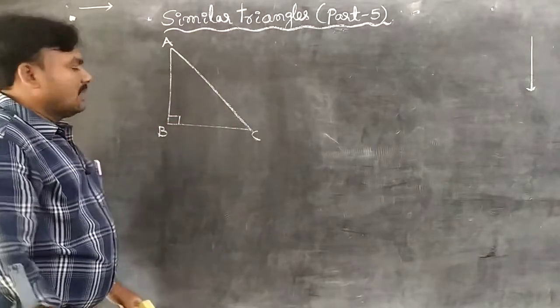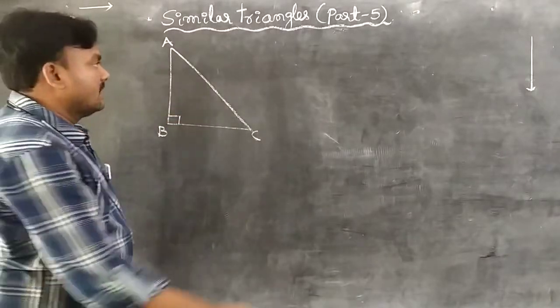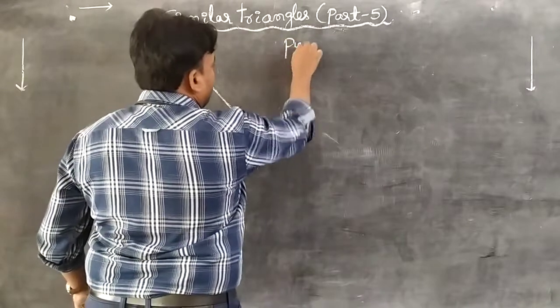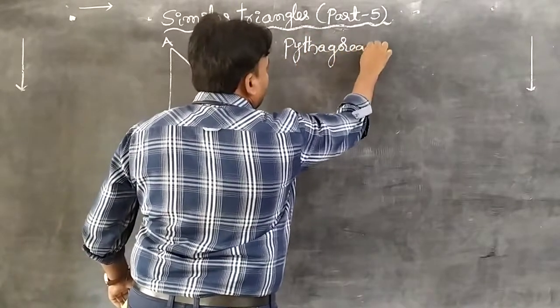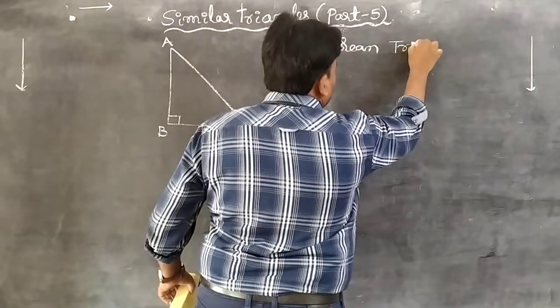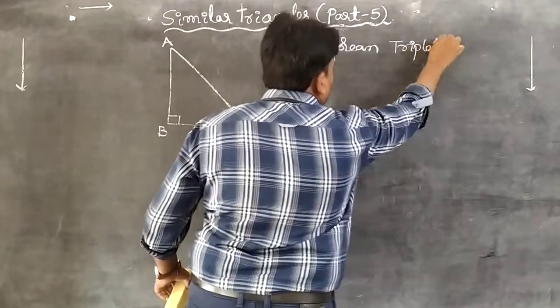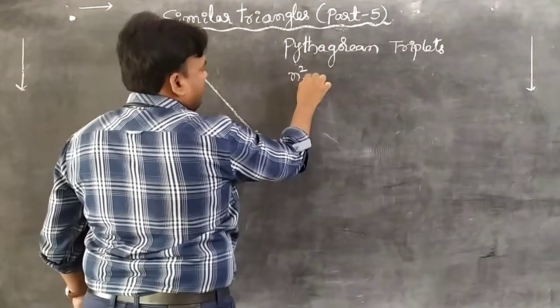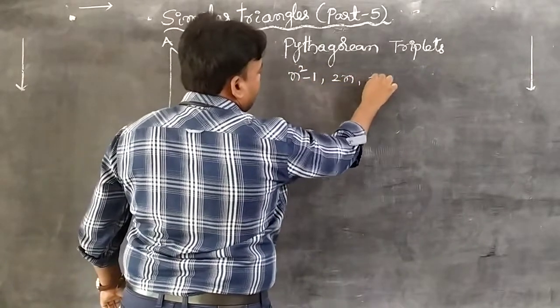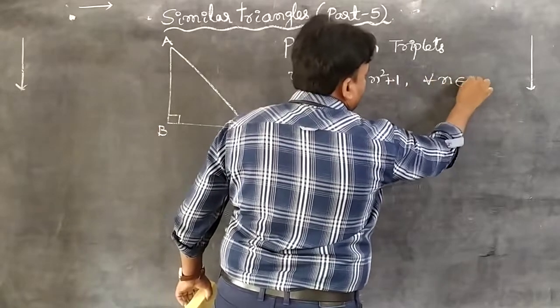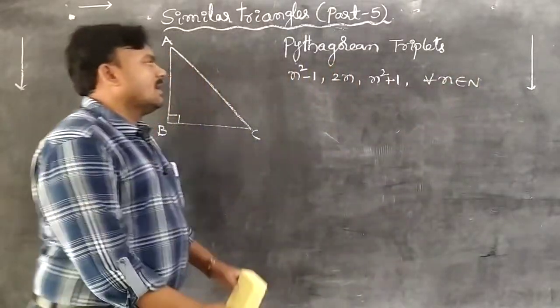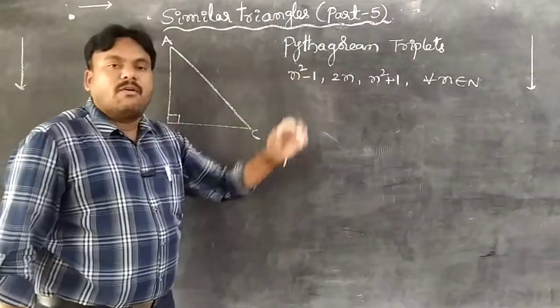We know very well Pythagorean triplets. Which are the Pythagorean triplets, students? Right. n square minus 1, 2n and n square plus 1 for every n belongs to capital N. These are Pythagorean triplets in general form.